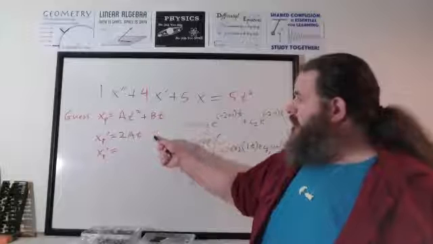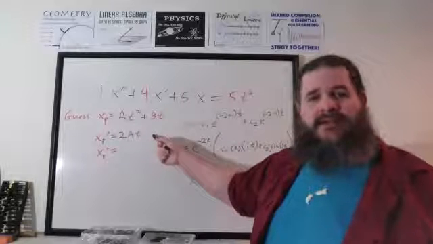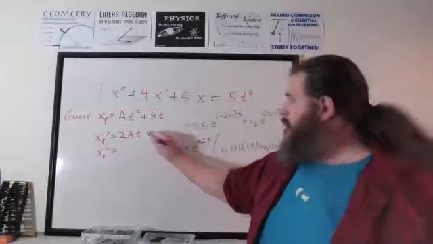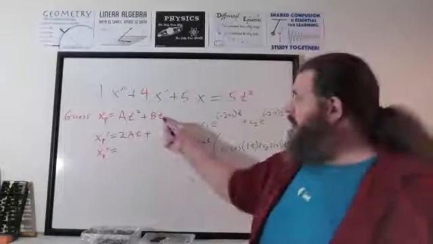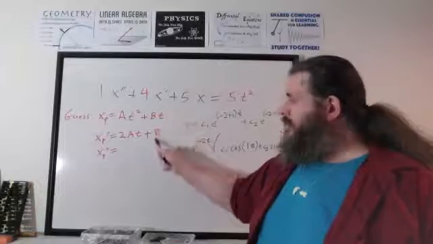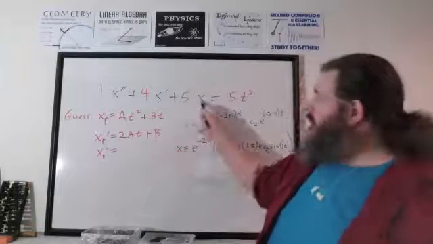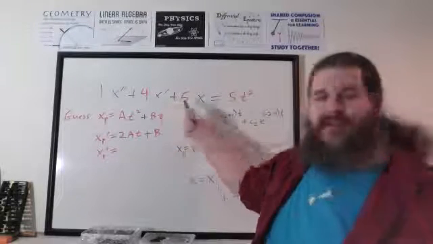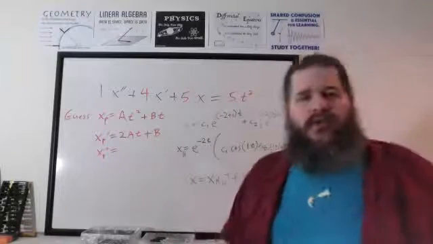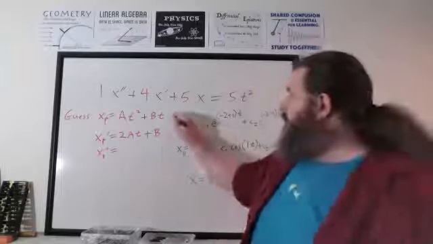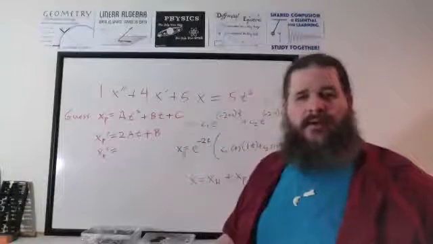But what's the derivative of bt? Because we've got to include that in our derivative of our guess now. Yeah, specifically 1b. That's a constant, which means that our derivative is going to have a constant and we don't have anything to cancel out the constant because we don't want to have plus a constant over here. So what we need to do is include plus a constant in our guess also.